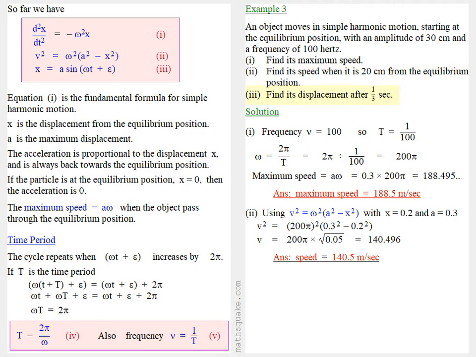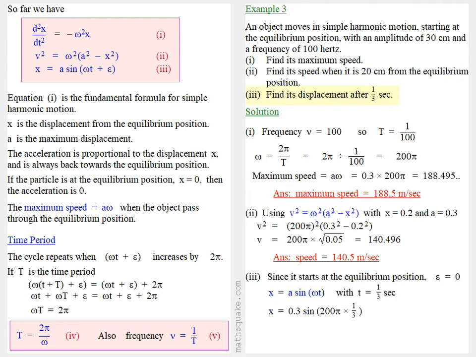Now in part 3, we're asked to find its displacement after 1/3 of a second. Now since it starts at the equilibrium position, epsilon will be 0. The sine curve starts at the origin. And so the equation becomes x equals a sine omega t, with t equal to 1/3 of a second.